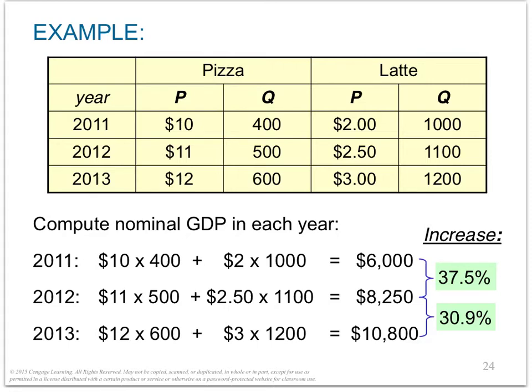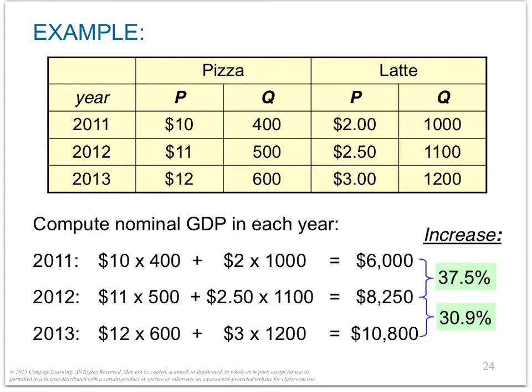To compute total spending in this economy, we multiply the quantities of pizza and latte by their prices. Here you can see for 2011, the price of pizza is $10 and the quantity is 4,000. And the price of latte is $2 and the quantity is 1,000.